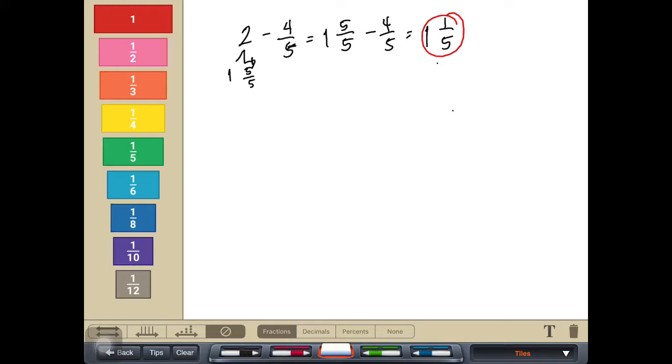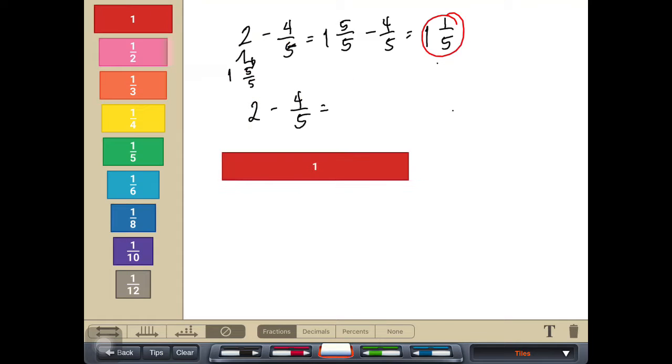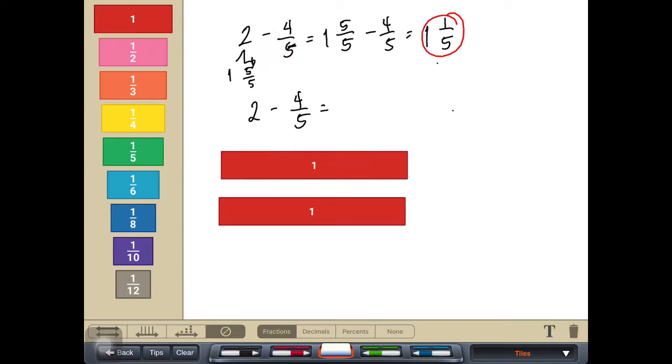So another way to do it is by changing the whole number into an improper fraction. Okay, so let's try that out. That would be changing the 2 wholes into fifths.